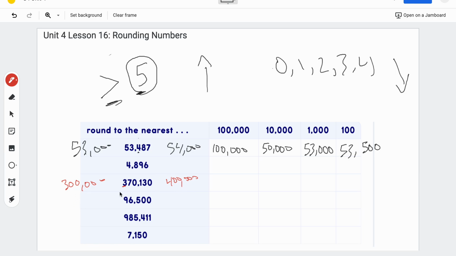Well, to know that is very simple. Look at the digit next door, which is the 7. This 7 tells me that I have more than half. So I'm going to round up to 400,000.